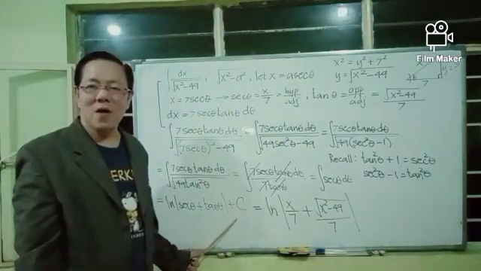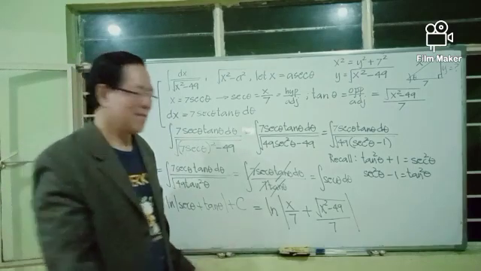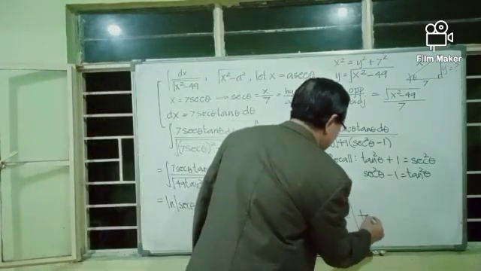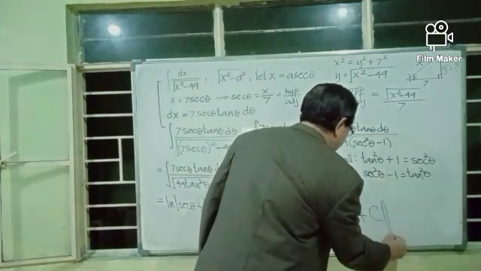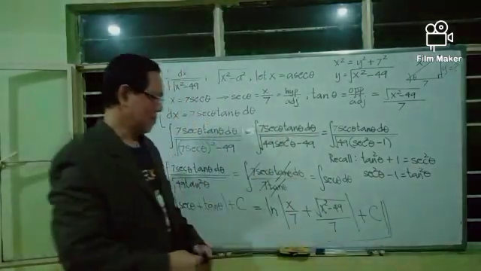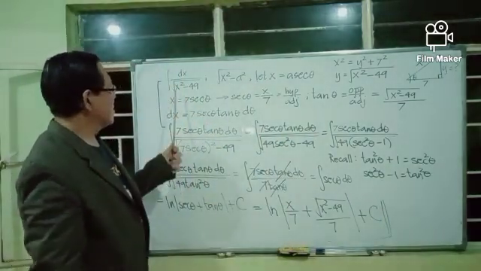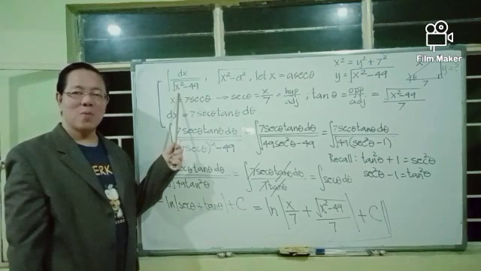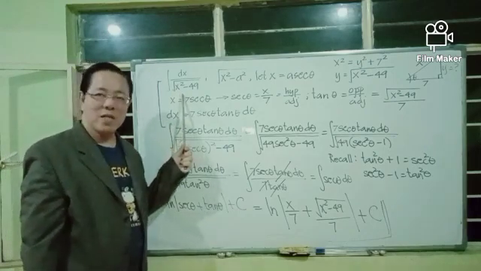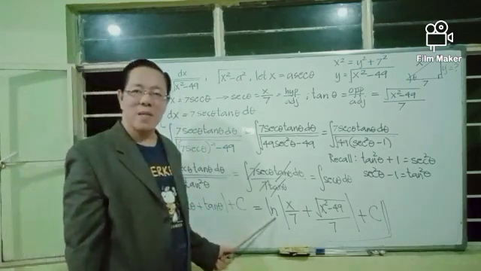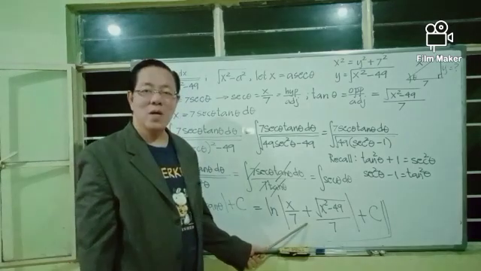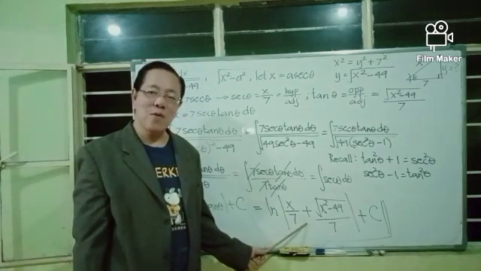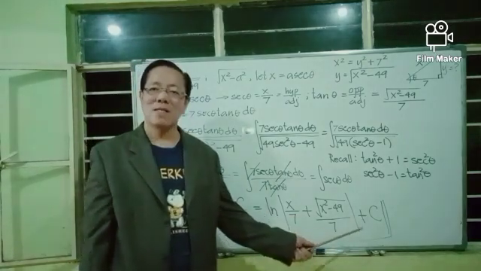Plus the constant of integration c. Therefore, the integral of dx over the square root of x squared minus 49 is equal to ln of x over 7 plus the square root of x squared minus 49 over 7, plus c.